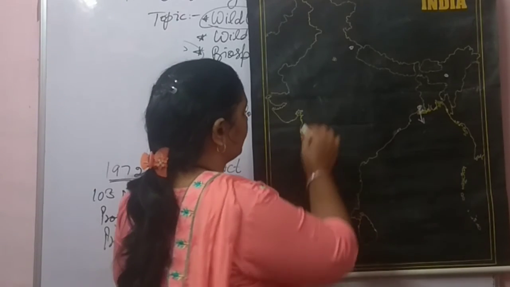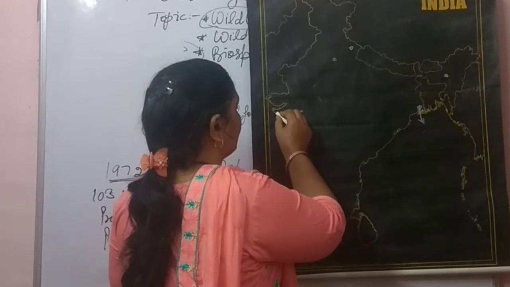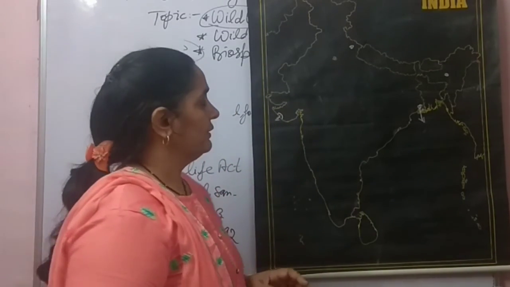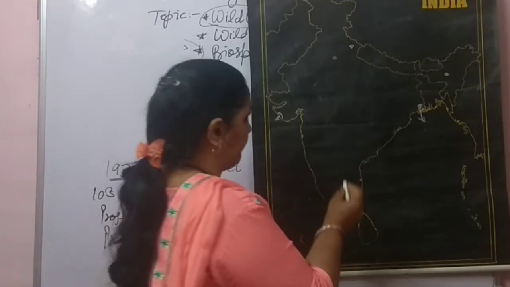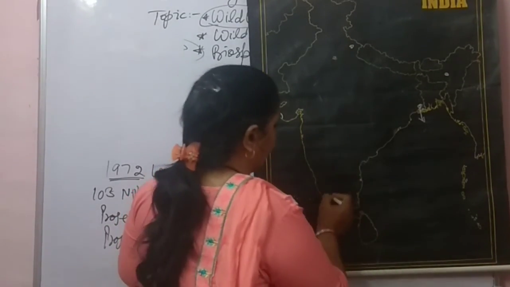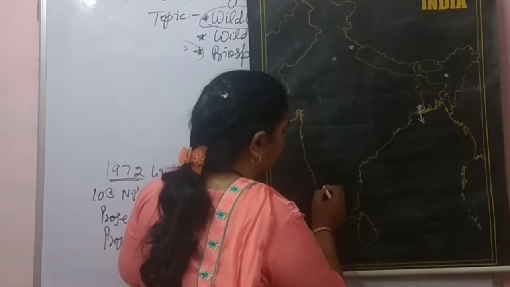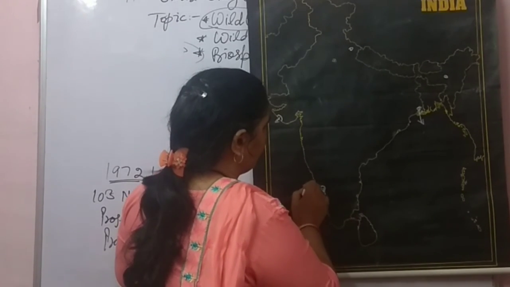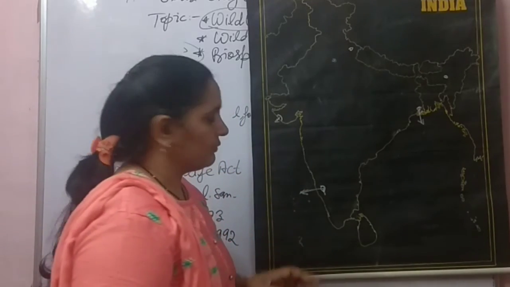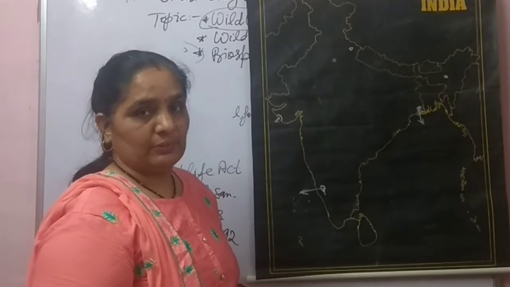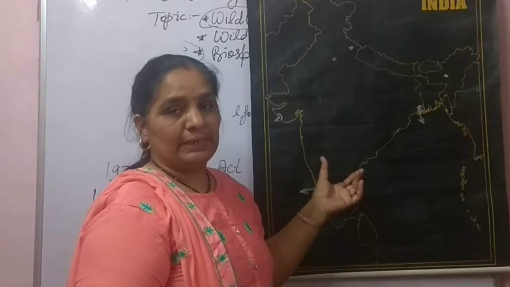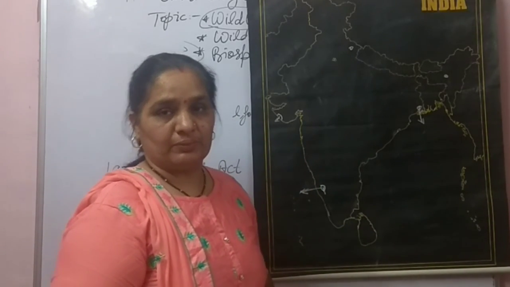Next one, Gir National Park for the Asiatic lion, and Periyar in Kerala, famous for the protection of elephants. So you will fill all these in your map and paste it in your notebook.